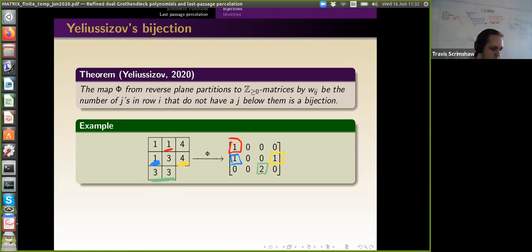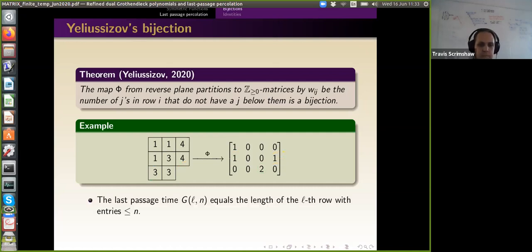And it's not too hard to construct the inverse because you're basically just summing the last passage times, which is the next thing here. In particular, as we saw in the previous slide, the last passage times of this matrix for these entries on the right are 3, 3, 2, which corresponds to our partition here.